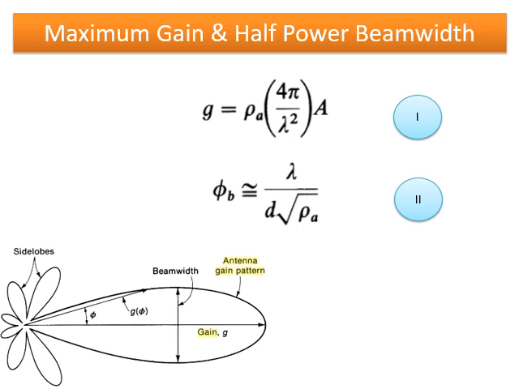The gain pattern, which comprises phi z and phi l, is merged into a single angle called phi b, that is beam width, a measure of the angle over which most of the gain occurs. Phi b is equal to lambda divided by d square root of rho a. So at a fixed frequency the pattern becomes more directional as the antenna is made larger.